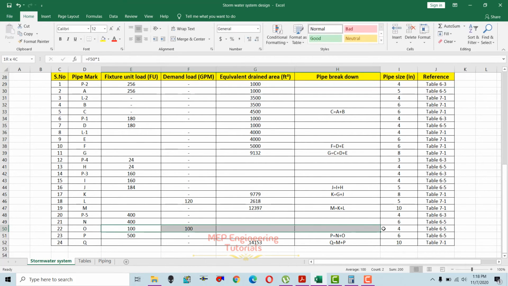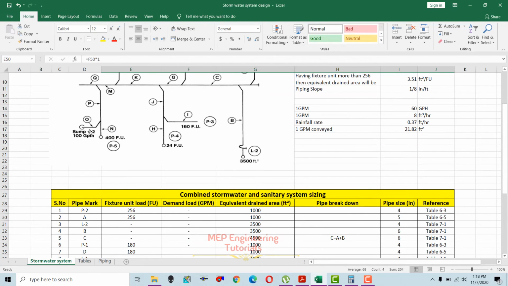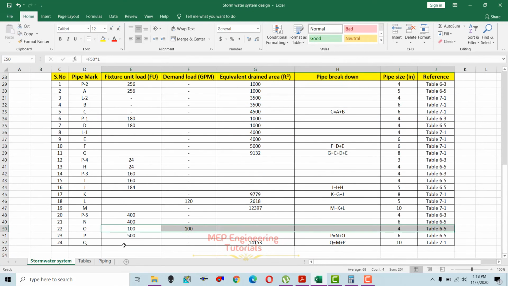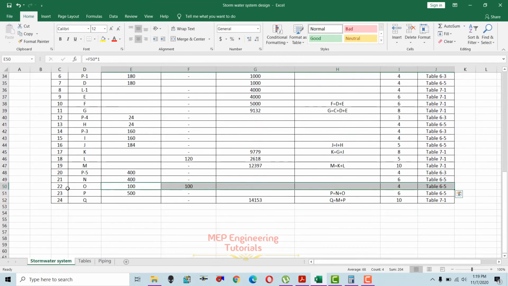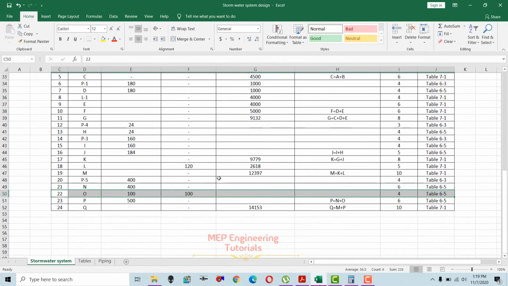So we have used 100 fixture units. And again this is the runout from sump number 2. So for the runouts we have to use this table having 1/8 inch per foot slope, and 100 fixture units is between 20 and 180. So we'll go for the higher value 180, and the pipe size is 4 inches. So we have used a pipe size of 4 inches here.